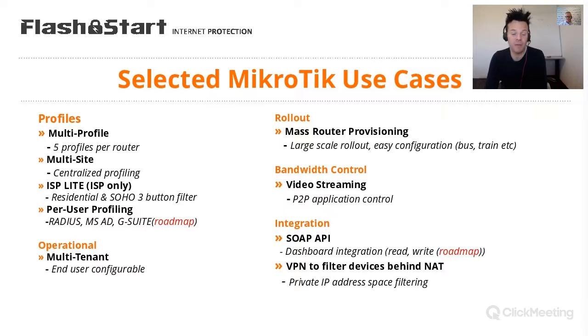So for example, a company, a school, distributed in several offices, several branches, can with no problem start a global filtering. In this way, it will be very easy to change the policy by adding just a few clicks, and then Flashstart will propagate the filtering strategy to any branches.